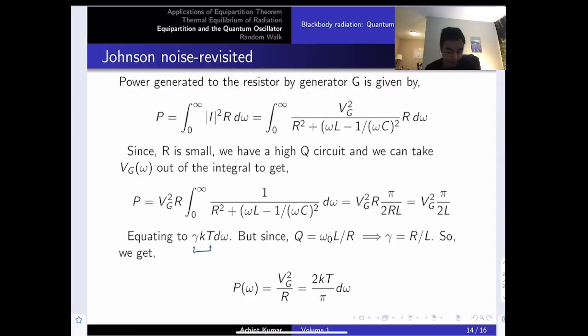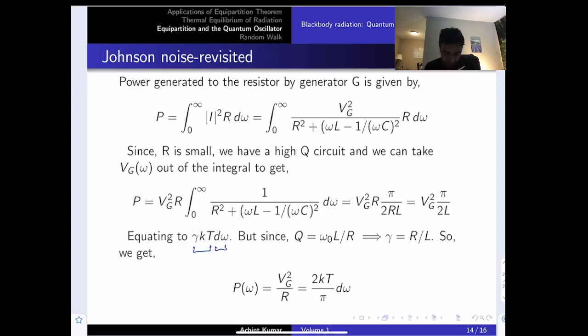So remember, I'm using gamma kT here because we are looking at one dimension. The oscillations are in one dimension, and I'm multiplying by d omega because that would give me the power in the frequency range omega naught to omega naught plus d omega.